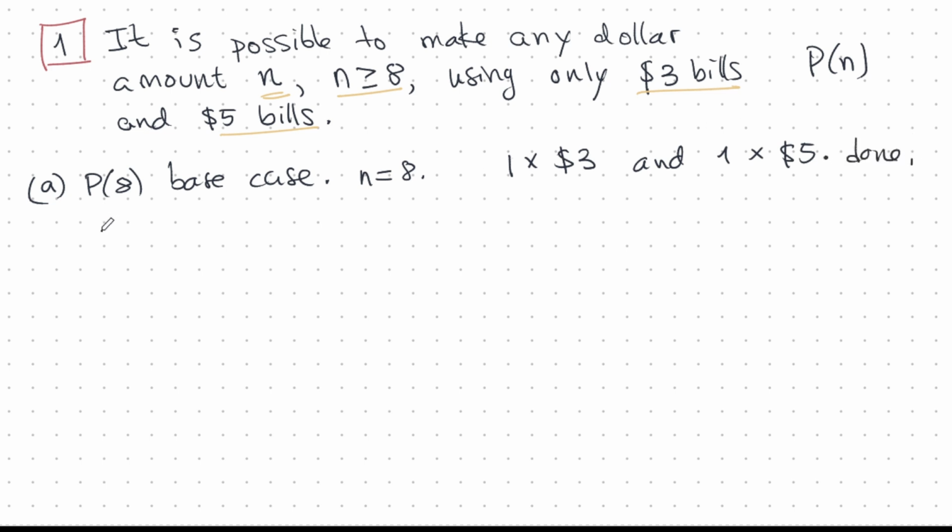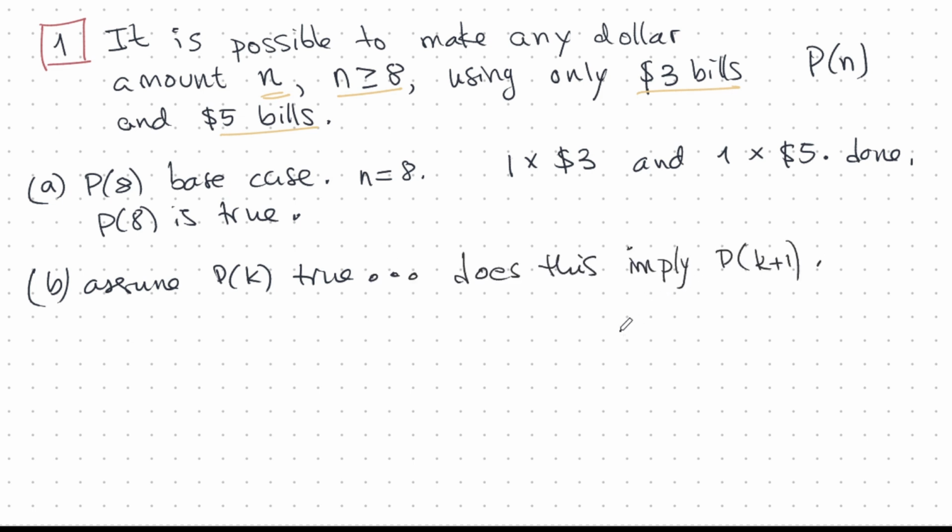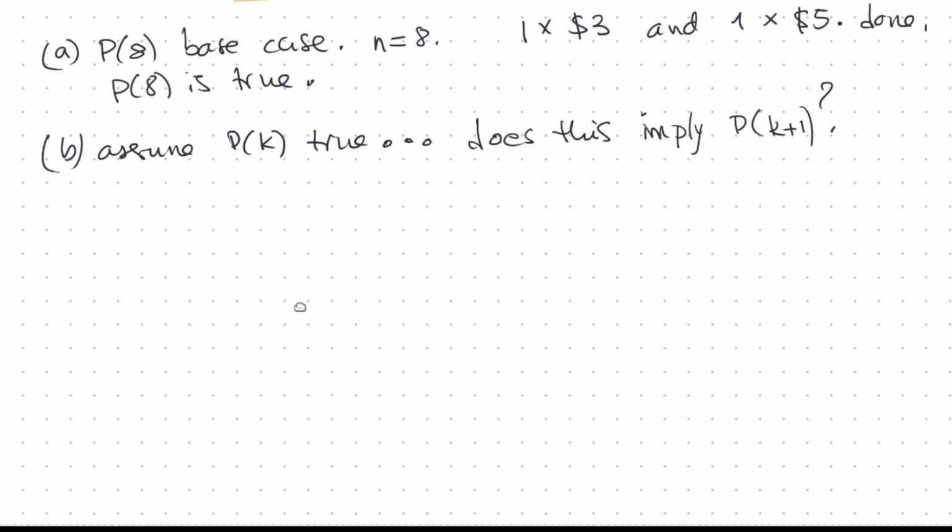Okay, so P8 is true. I have my base case. Now let's assume that Pk is true. And does this imply Pk plus 1? Well, before we begin analyzing this, let's think about it a little bit.